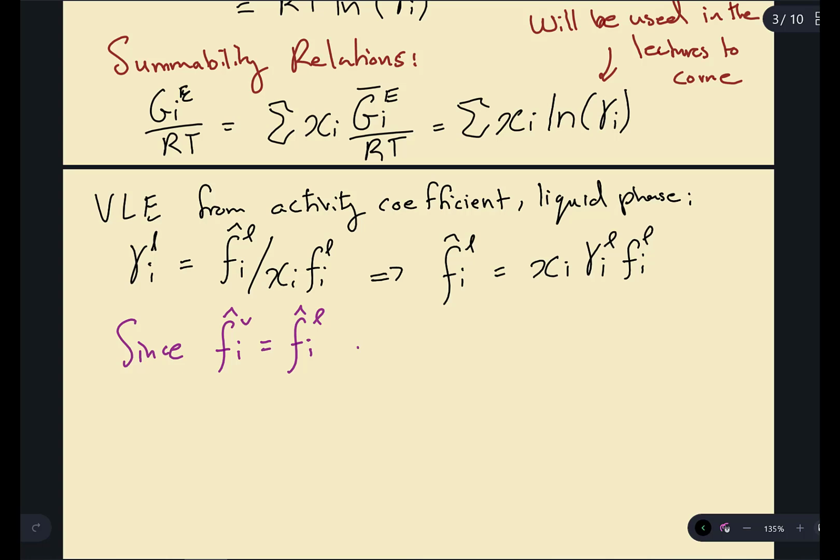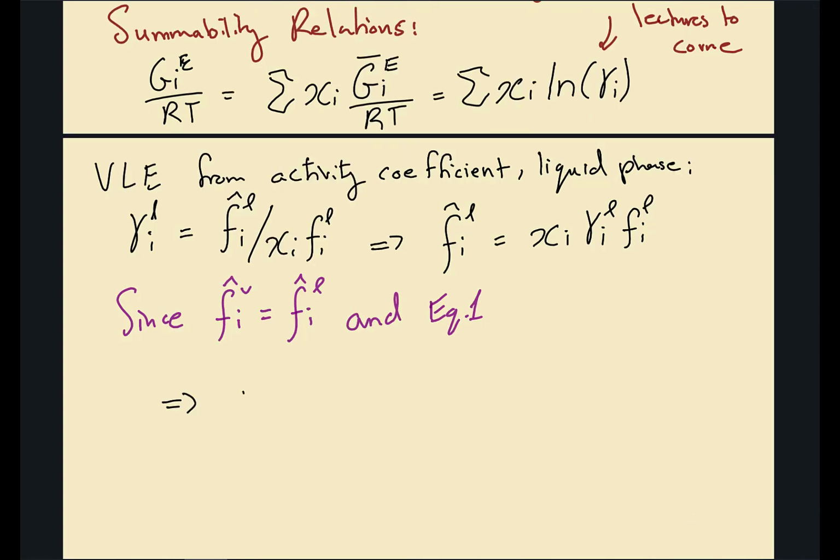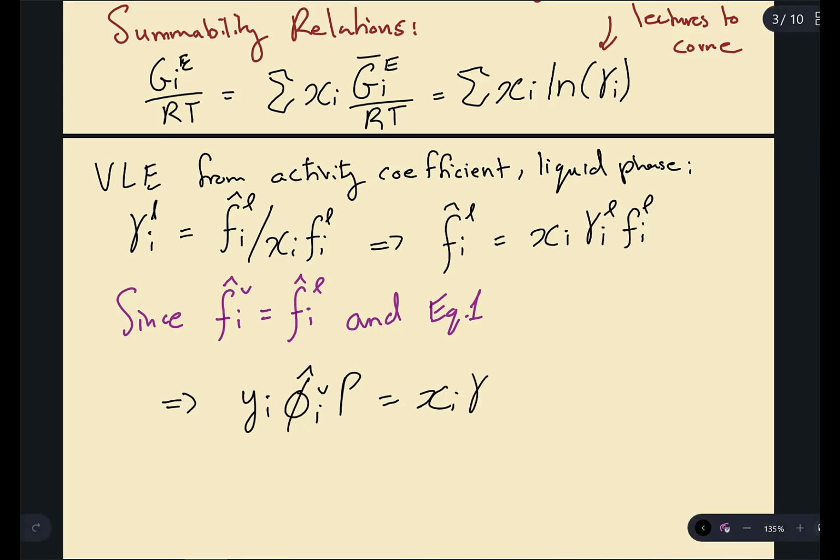From equation 1, we're going to get y_i, and then the fugacity coefficient, times the total pressure, P, is equal to the mole fraction in the liquid phase times the activity coefficient in the liquid phase times the fugacity of the pure liquid.